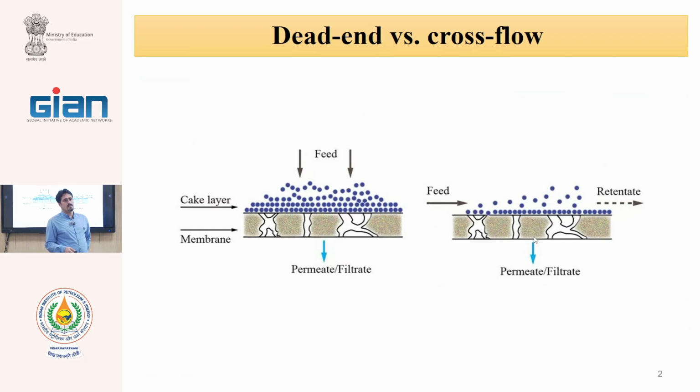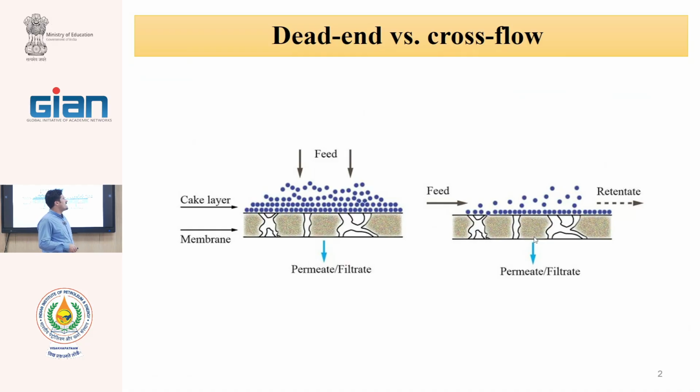You know that the flow regime on the membrane surface can be in dead-end mode and in cross flow. And as discussed, in most industrial applications we use cross flow, because the fouling in this regime is lower.